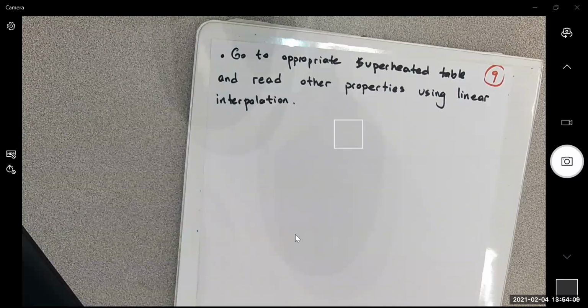The other table I showed you might have different pressure values. Notice it doesn't show every single pressure value, and sometimes it doesn't change linearly as a function of pressure. In that case, you might want to check the other table. That table might have the pressure values this table doesn't have.